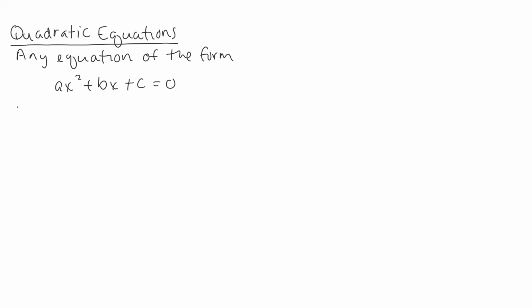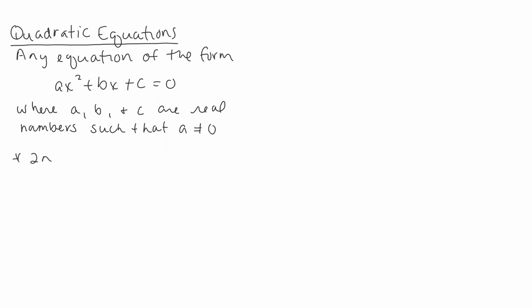Some things to know is that a, b, and c are real numbers, such that a doesn't equal 0. So a cannot equal 0. These are second degree equations.